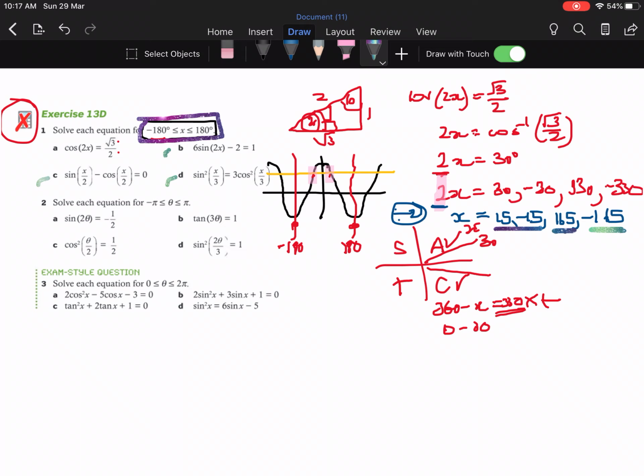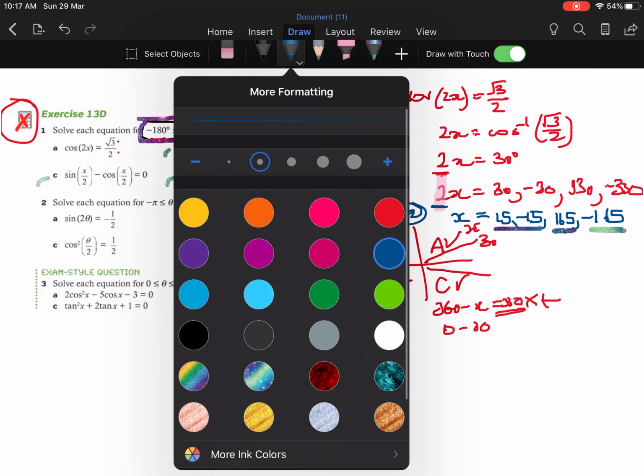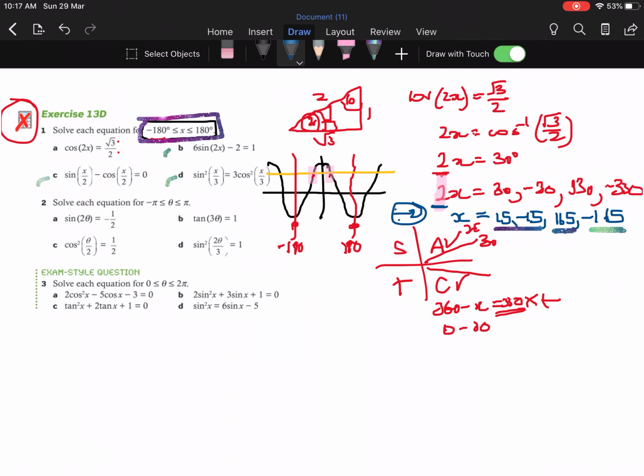You've just got to remember some of the rules. So for part D, I see a squared in there with a sine and a cos. So you might have to use your trig identities, which I've had to use in the past.